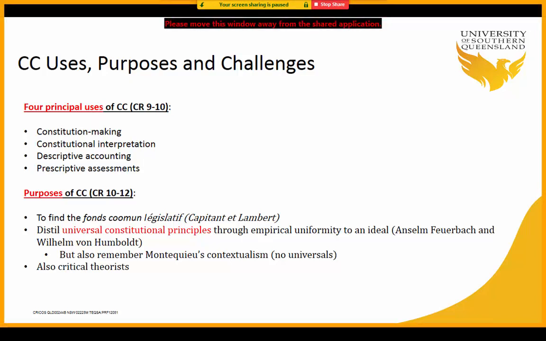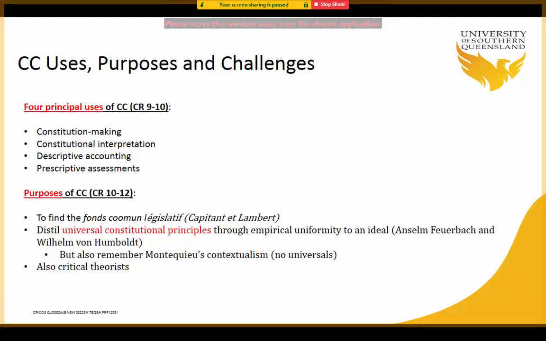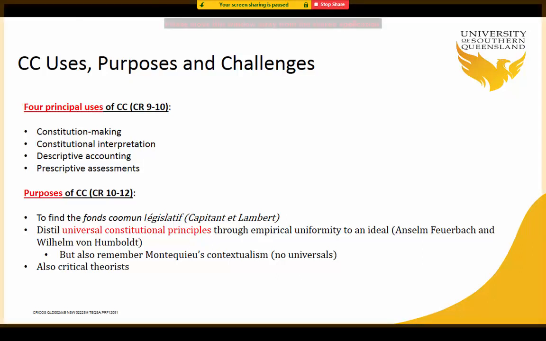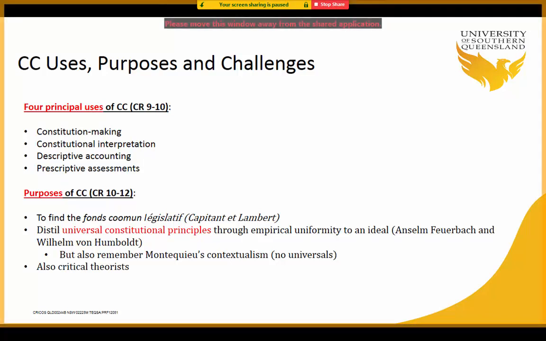So that's pretty much in the tradition of Aristotle, the idea that you're going to get two or more constitutions and compare them always to this model or ideal. But of course, we need to remember what Montesquieu wanted to remind us of, the idea of contextualism, with all that comes with it, so you can't actually have universals.